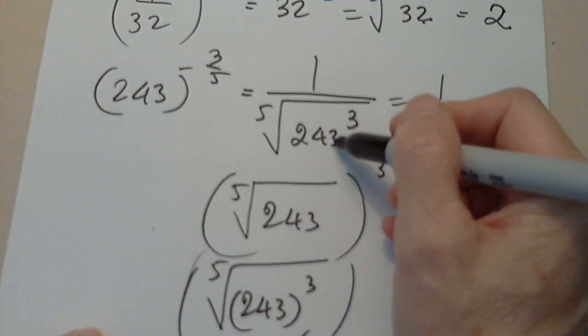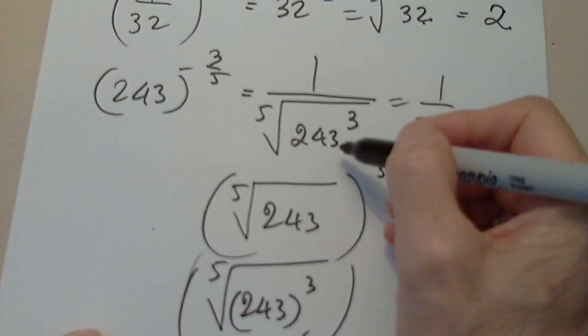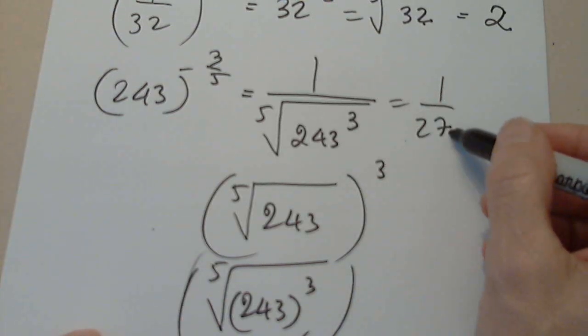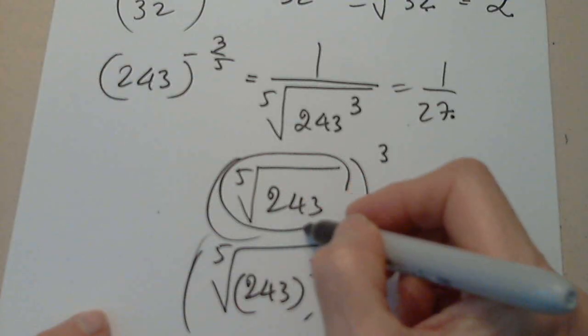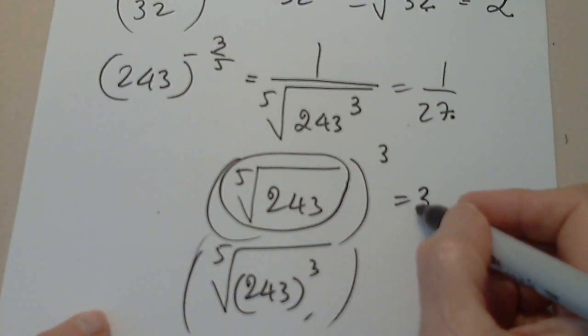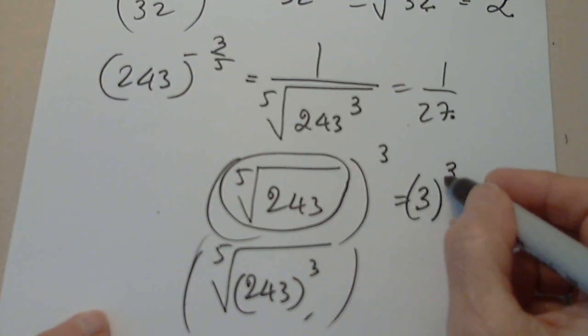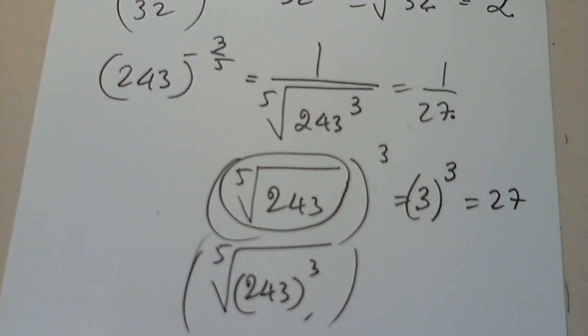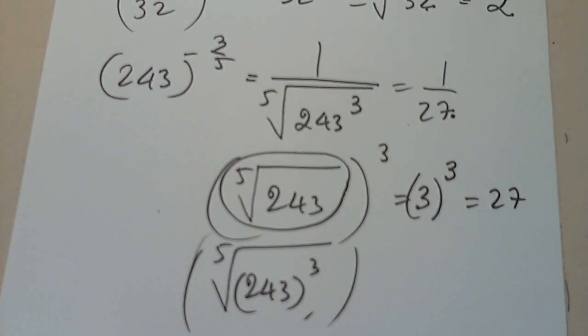The 5th root of 243 is 3. 3 to the 3rd is 27. So we determined this first, and we got 3. But then we have to raise it to the 3rd power, and we get 27. So then we have to put in 1 over 27.